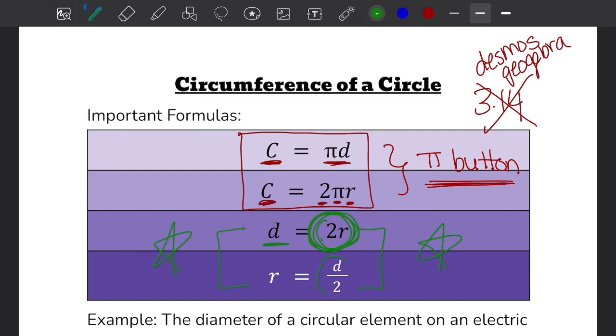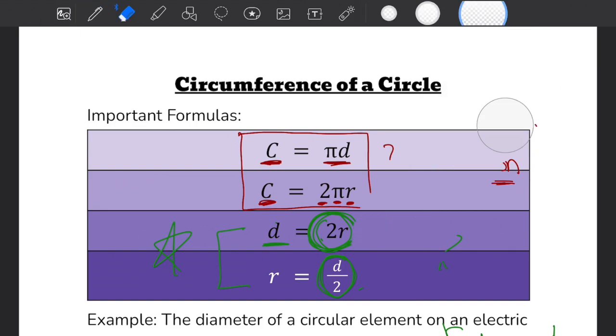If you have the diameter and you want to know the radius, you take that diameter and divide it by 2 to get the radius. Essentially, the diameter is double the radius. So if this is your diameter from here to here, this is your radius. Or you can say that the radius is half your diameter. I'm going to clear this page so that you can take a screenshot if you like.